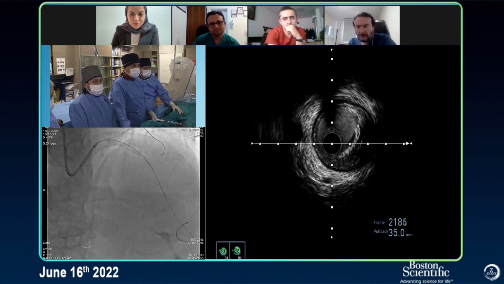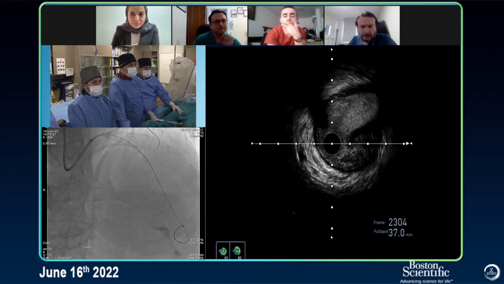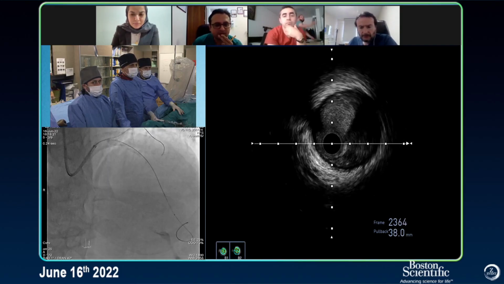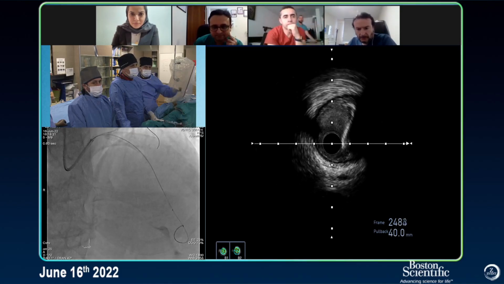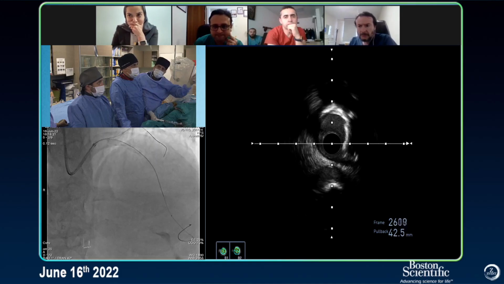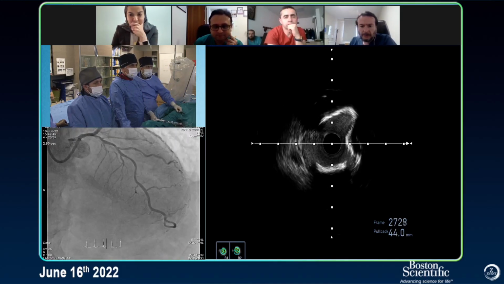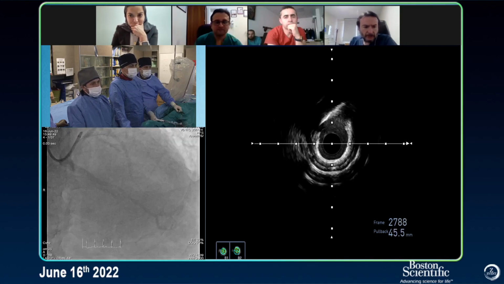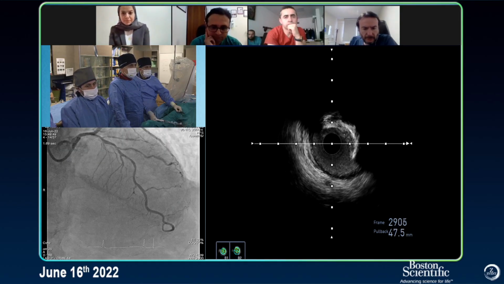Right, yes. And we are coming to the diagonal, and this is moderate calcium. Cranial. Severe. Yeah, and severe. Here we have heavy calcification. Here is almost 360, right.